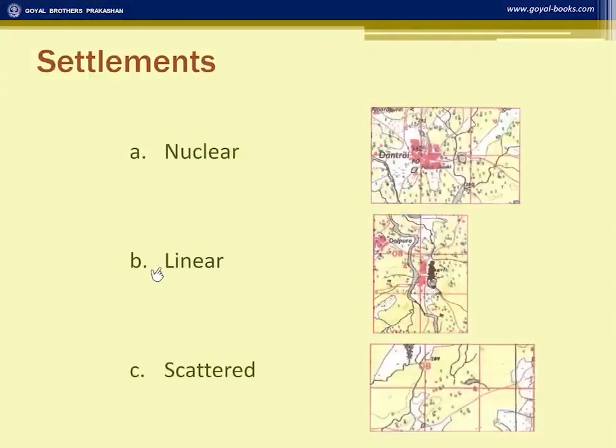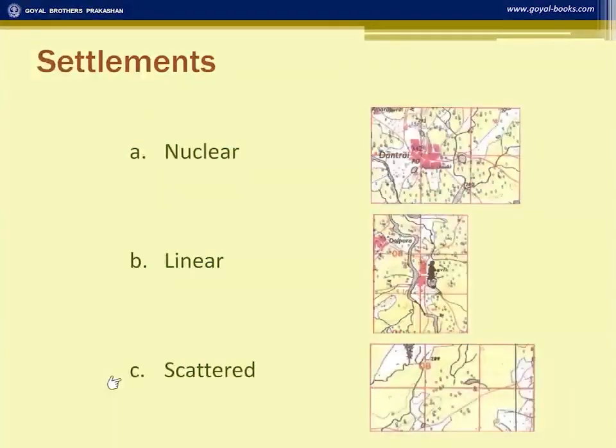When the cluster of these permanent huts is on either side of a river or a road, a metal road, it is called a linear settlement.